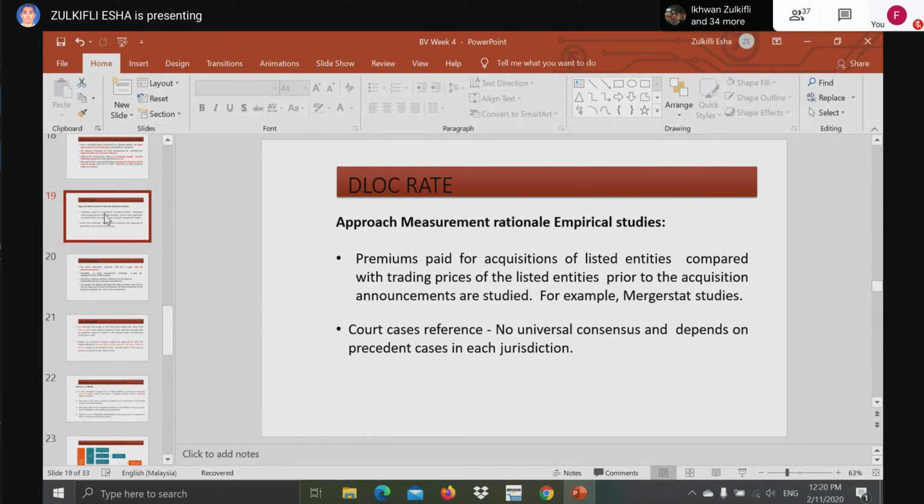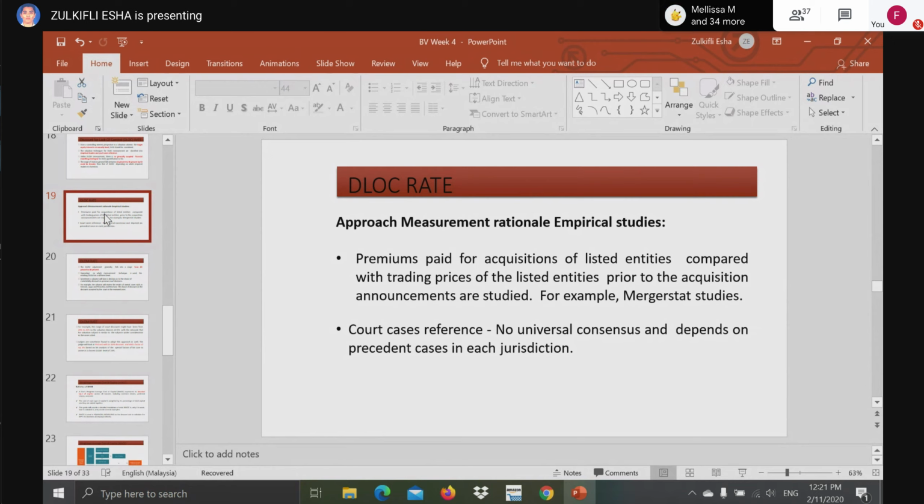But it depends on the previous precedent cases in each jurisdiction. So if you are valuing a business in Malaysia, if there are any court cases in Malaysia that you can refer to, you need to refer to the court cases in Malaysia as a justification or as a basis on how to determine the rate for discount for lack of control.